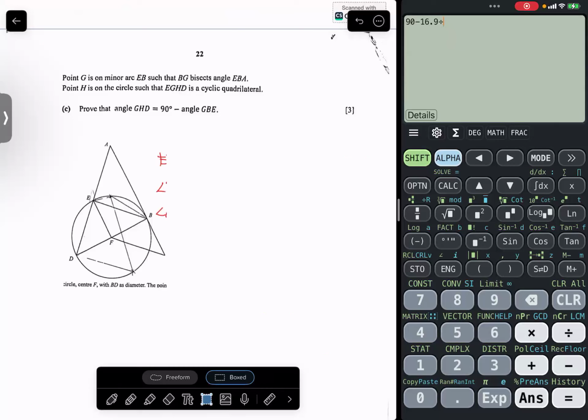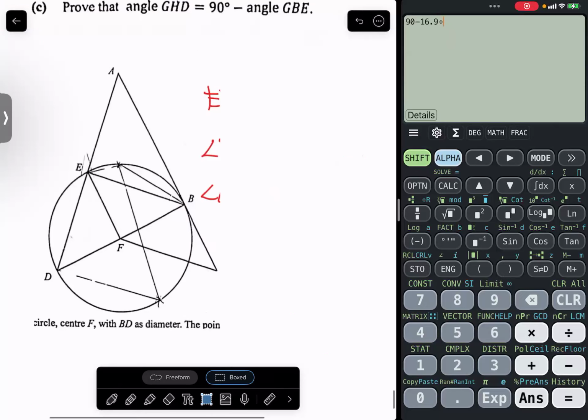Prove the angle GHD is 90 minus angle GBE.